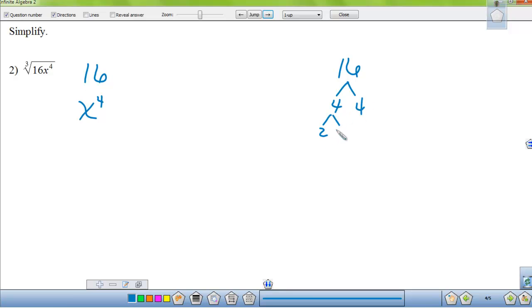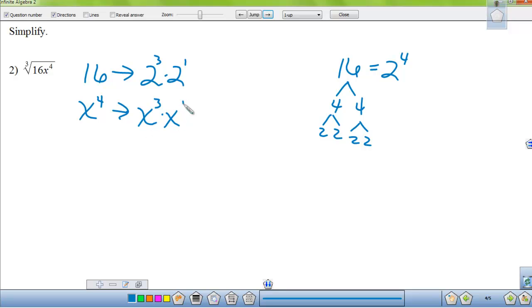And so again, we can see that 16 is equal to 2 to the 4th. Now, since we're trying to find the cube root of these, we are going to write this as 2 cubed times 2 to the 1st. And we're going to regroup this as x cubed times x to the 1st.